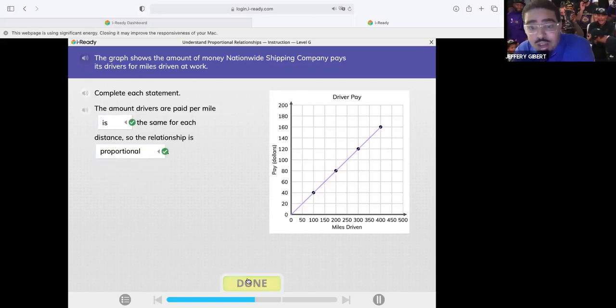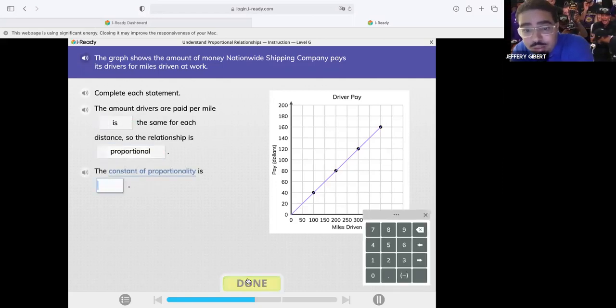Then when they ask for the constant of proportionality, now you have to do math. So now, what is the constant of proportionality? 100. No. Remember, I told you constant of proportionality is the y divided by the x.